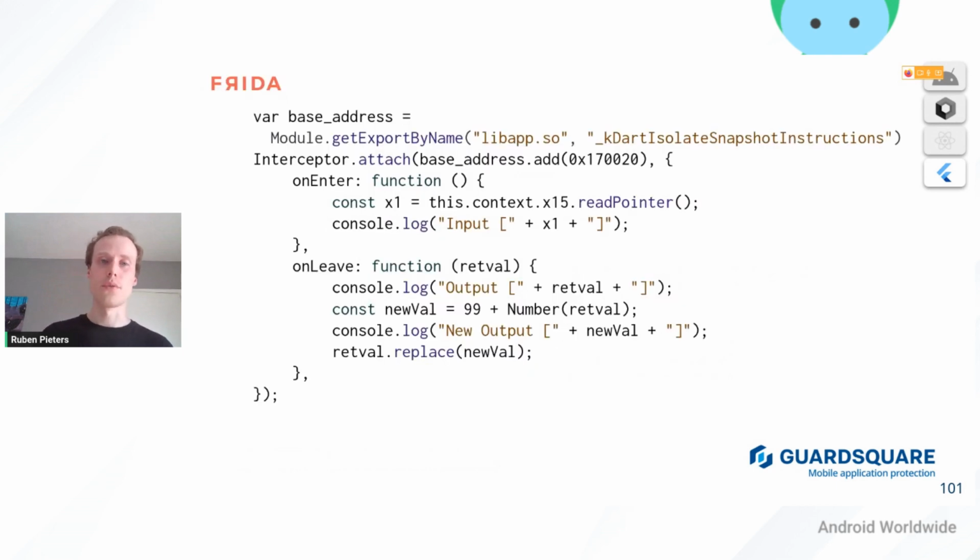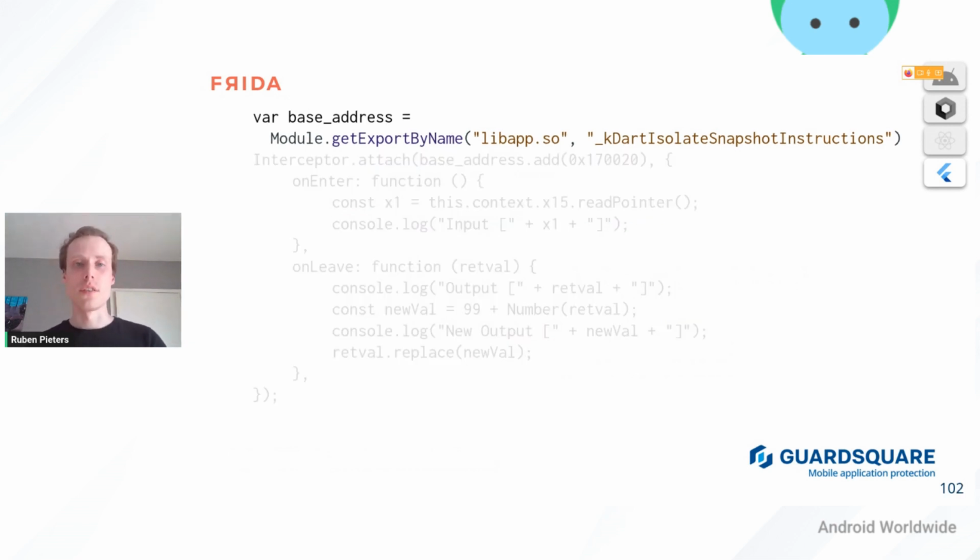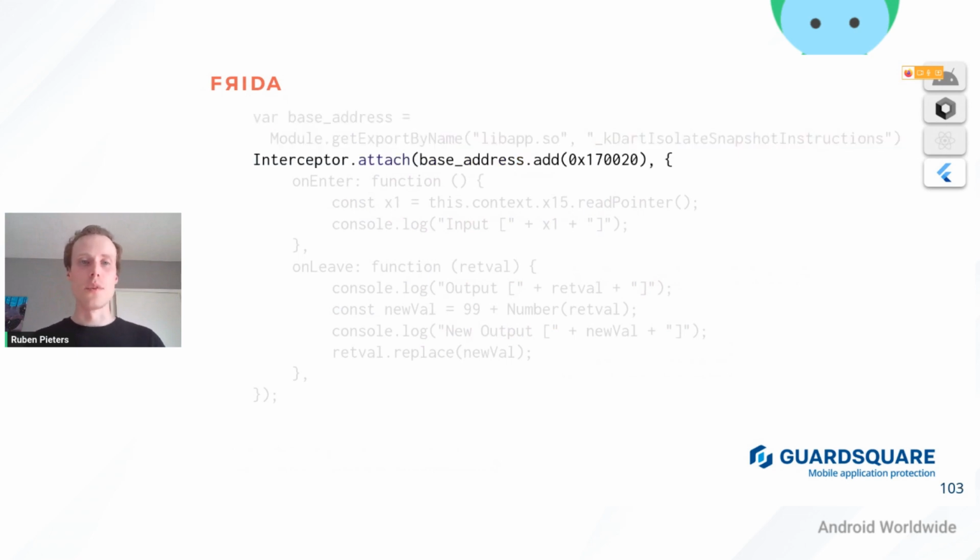Now we have to use the more normal, native Frida API instead of the Java API, where we'll get a base address on this specific symbol in libapp.so. We'll add a specific offset to it, the offset of the function that we're interested in.